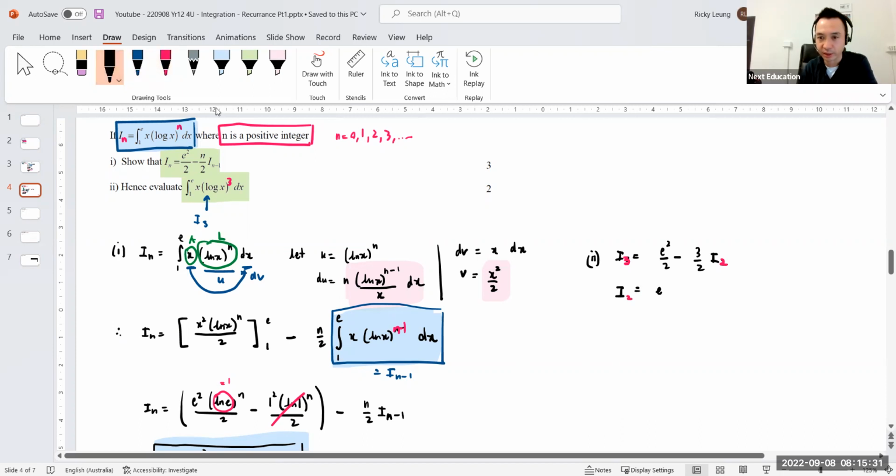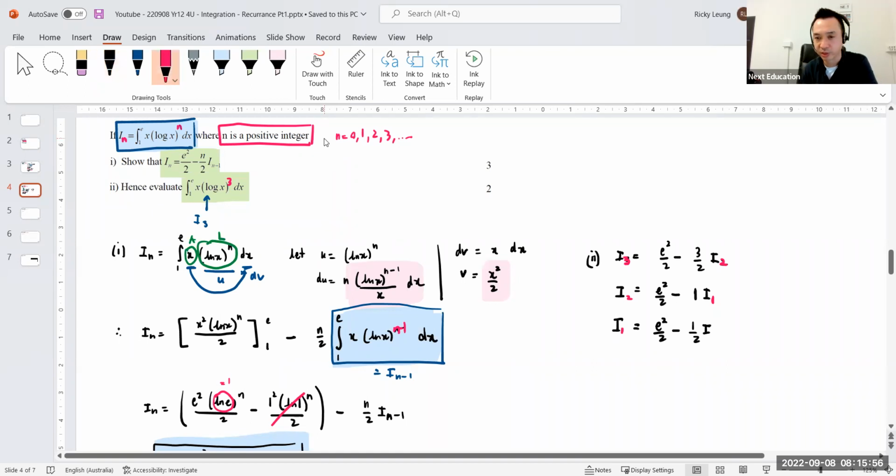Subbing it in, you get e squared on 2 minus 2 on 2, so that's 1, I_1, and then you keep going. It is a bit tedious, but this is just the working out to ensure that I sub in the right stuff when I do it. So that's minus n on 2, I_0.